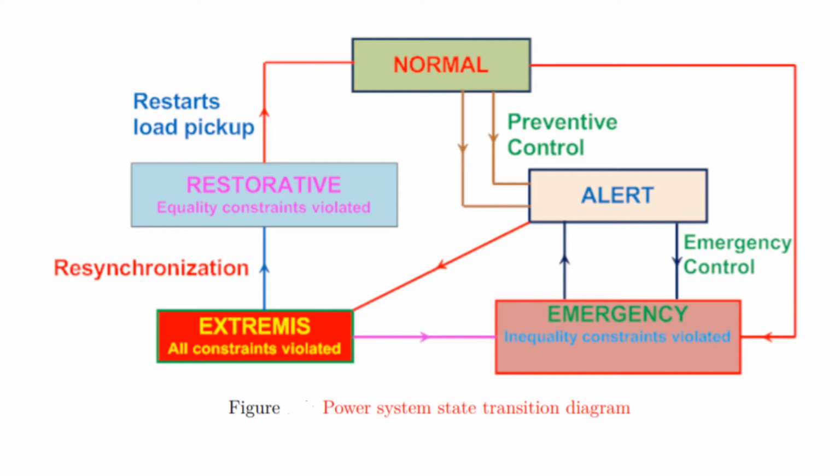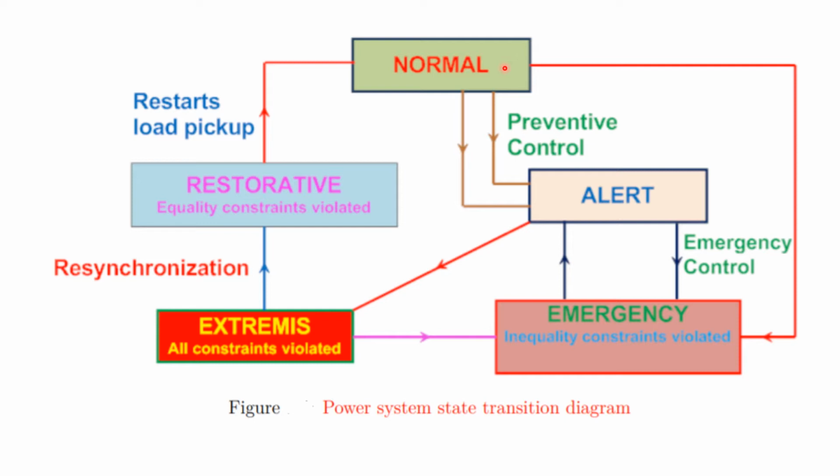If you take care of normal state, there are 2 constraints we are considering here. One is equality constraint. Generally, equality constraint means the sum of generation must satisfy your demand, the power balance equation.